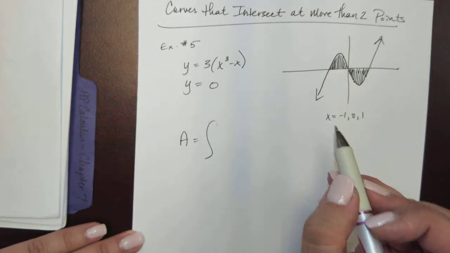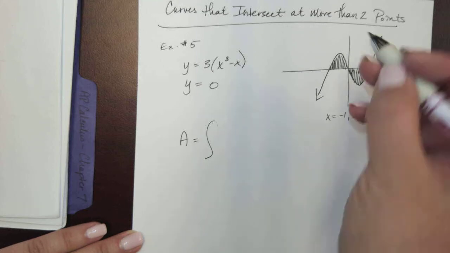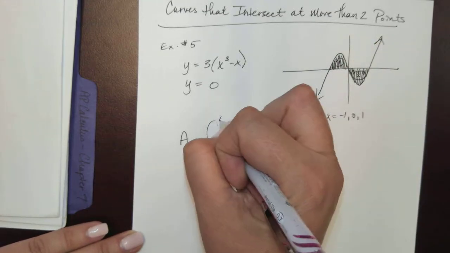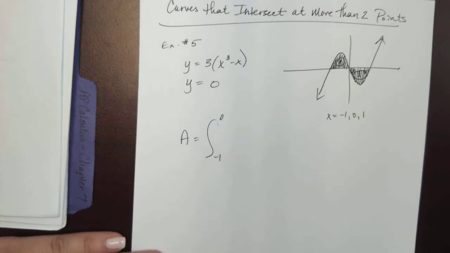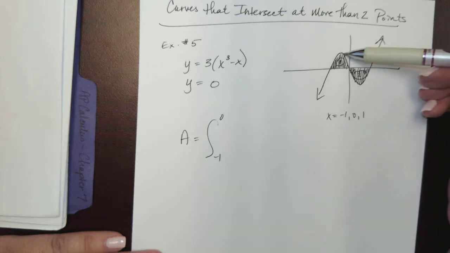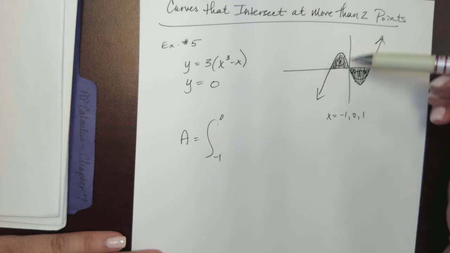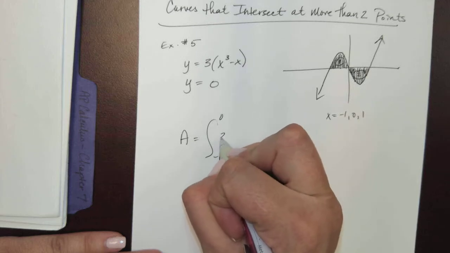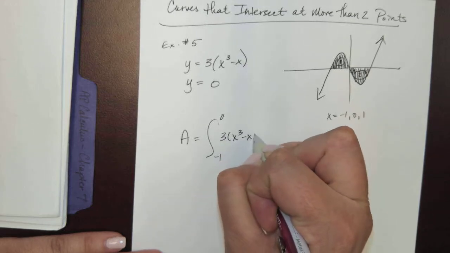My bound, if I'm doing two different integrals, what's my bound of my area 1? Negative 1 to 0 of what? Well, my upper function is this. My lower function is 0. So I'm going to have 3 times x cubed minus x.